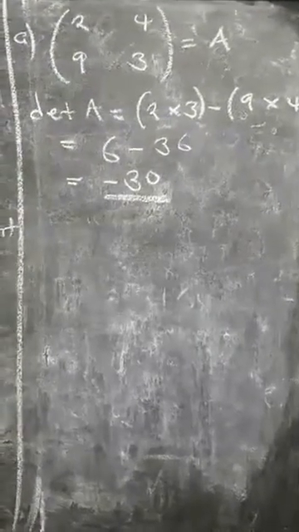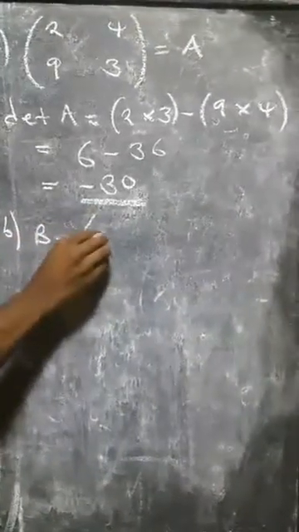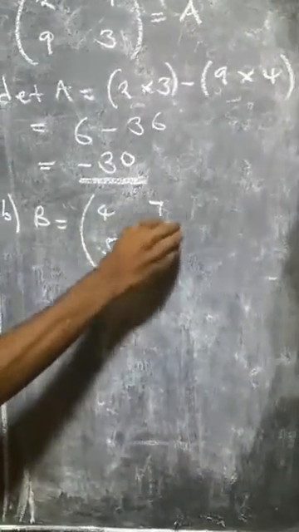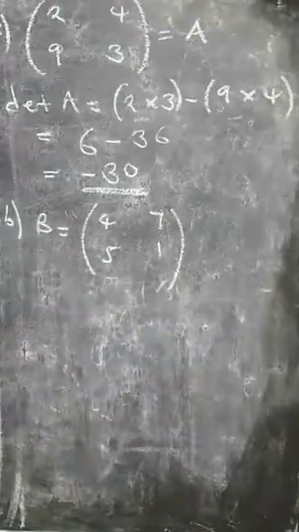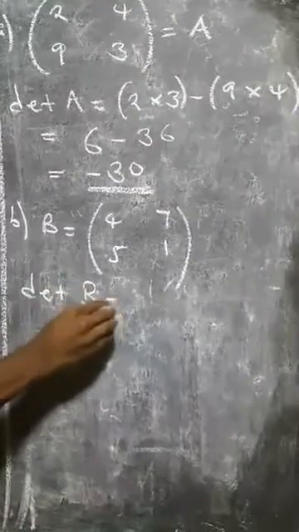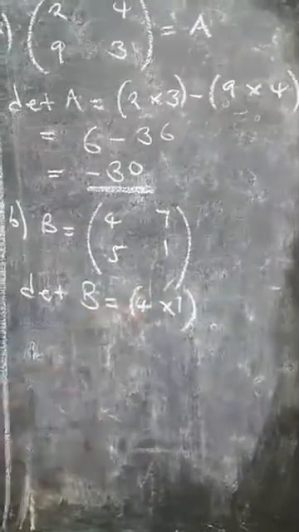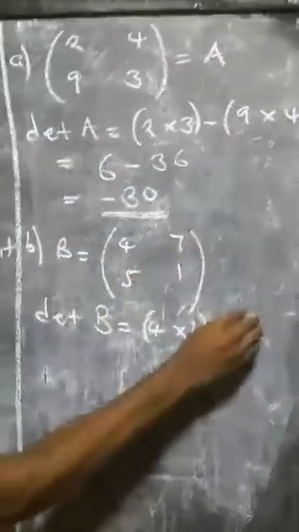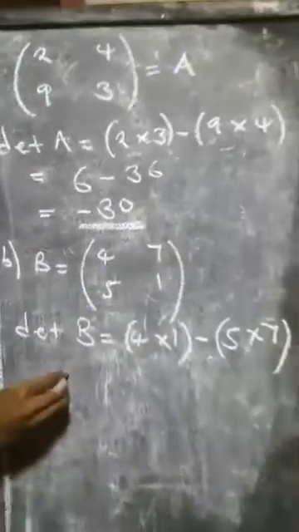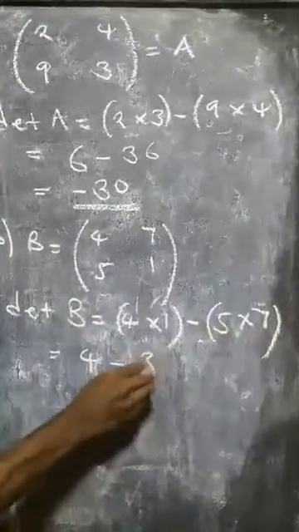So let's look at the next example. B. B is equal to 4, 5, 7, 1. So again, the determinant of B is equal to 4 by 1 minus 5 by 7. 4 by 1, that's just a 4, minus 5 by 7, that's 35.